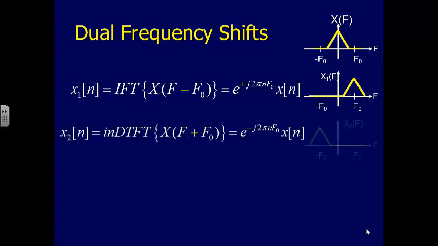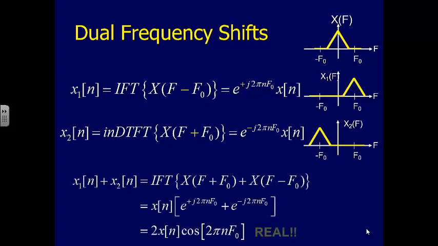If I do the same thing but shift it down by f0, same idea. If I do both, I add them together, and I take my time function and multiply it by the sum of two conjugate exponentials, which is a cosine.